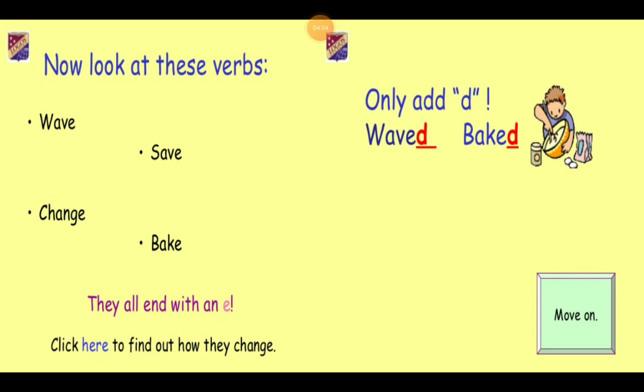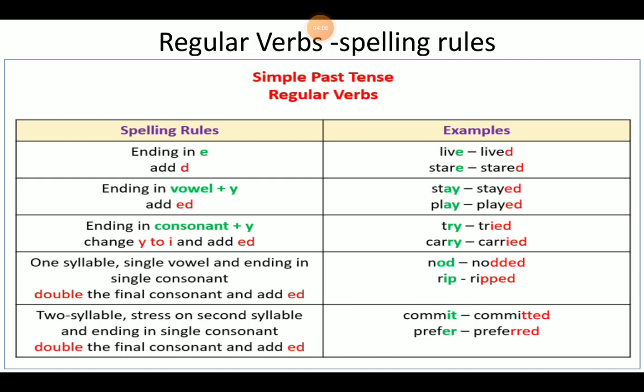It's very simple. And then these are some spelling rules for changing the V1 form into V2 form, especially for regular verbs, not for irregular verbs. So as usual, if the word is a common word, we have to add ed.